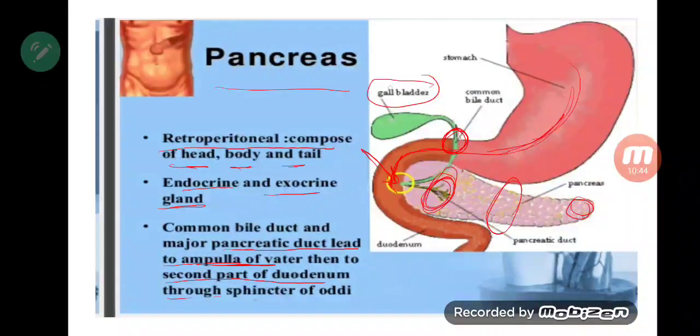Here is the gallbladder. It has a duct that enters the common bile duct and pancreatic duct. All of these ducts open to the second part of the duodenum in an area called the ampulla of Vater. There is a sphincter there called the sphincter of Oddi.